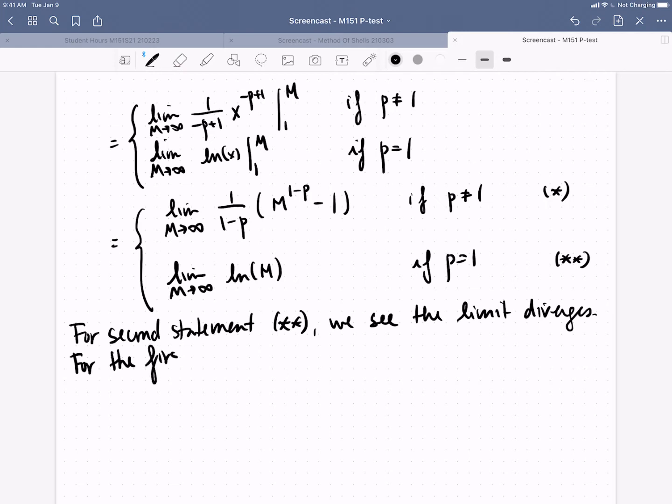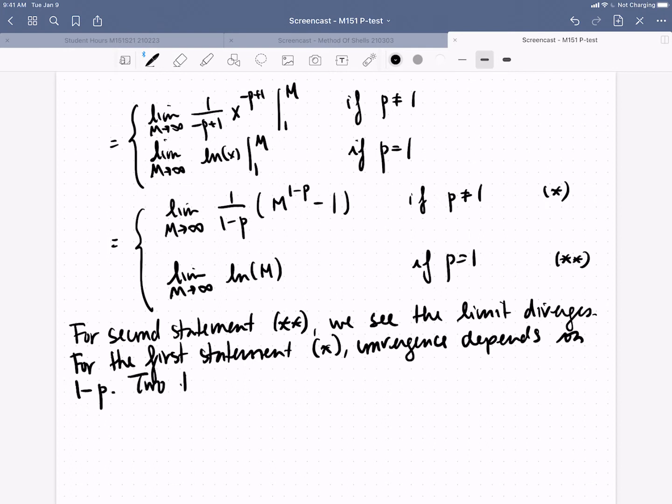For the first statement, the one with a single asterisk, what do we see? Convergence depends on 1 minus p. So there are two possibilities.